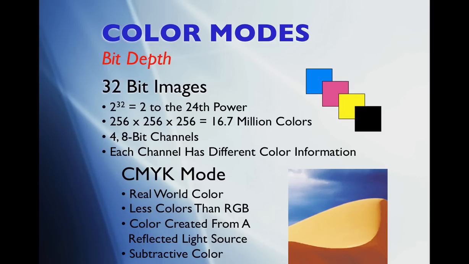And in CMYK, or real world color, there has to be another light source, and the light is reflected and the color is reflected off of the objects around us. And it's called subtractive color.